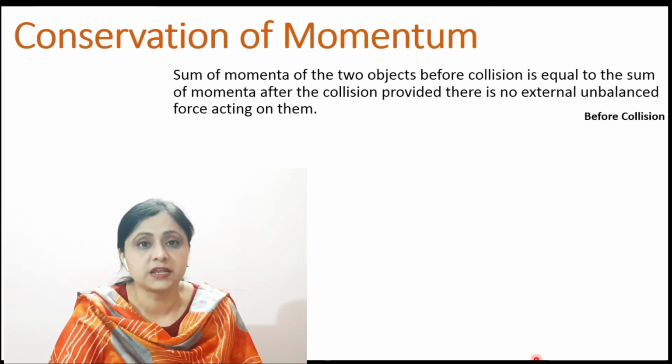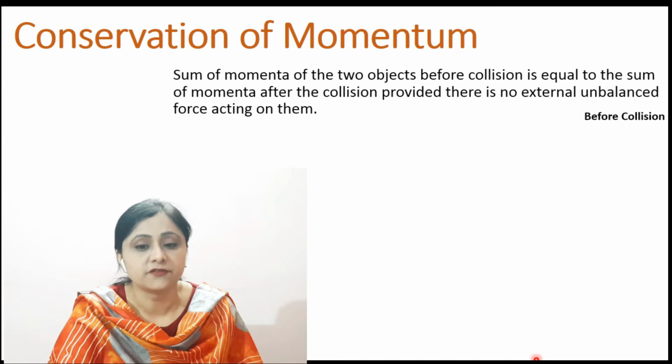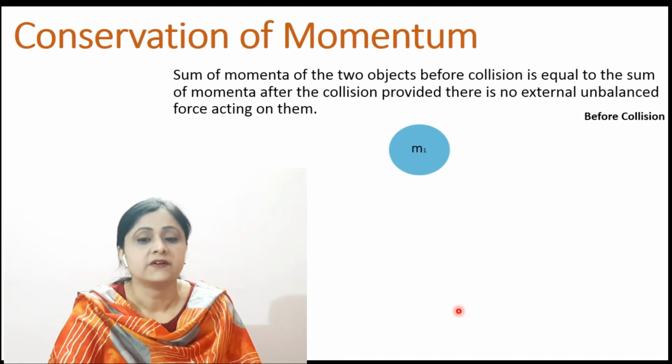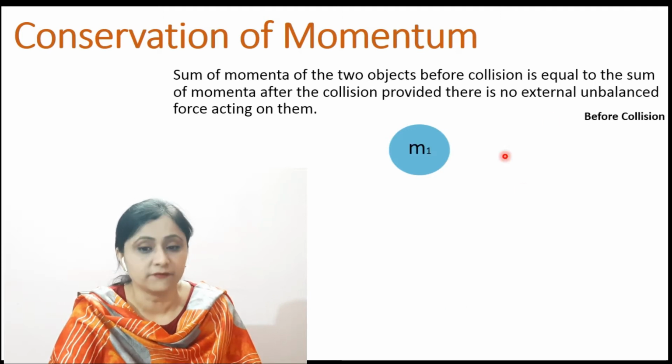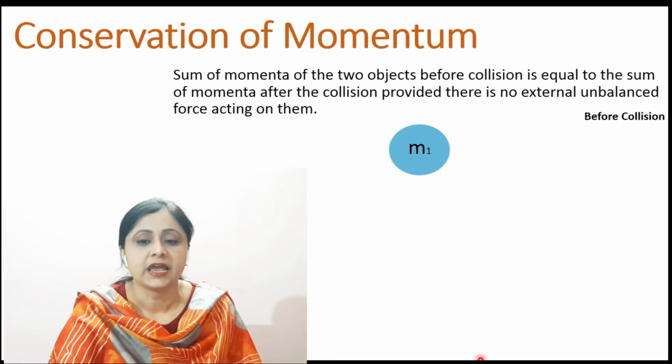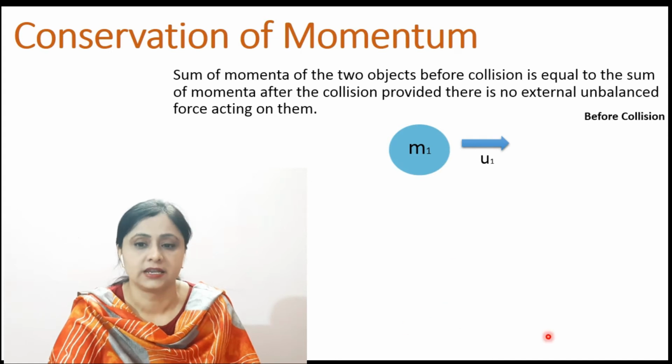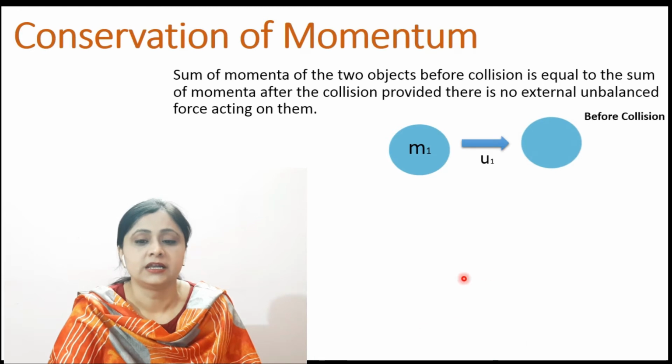Now I will explain its derivation with the help of this example. Suppose we are taking two balls. One is ball 1, which has mass m1 and is moving with velocity u1. This will strike another ball that has mass m2 and is moving with velocity u2.